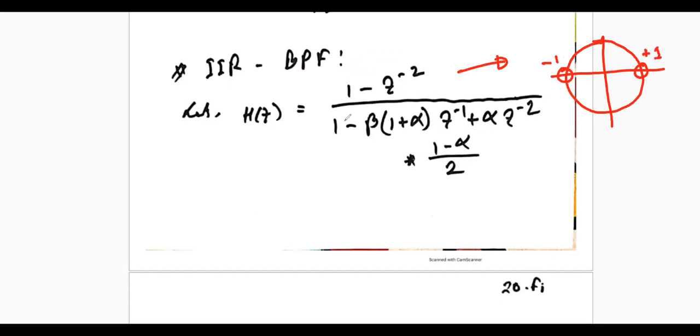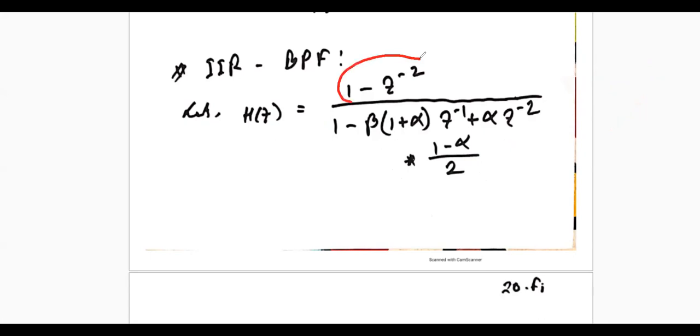And now here we have something in the denominator, which is taken with some pole location. So step by step, we will give you the idea how we can build this denominator part.